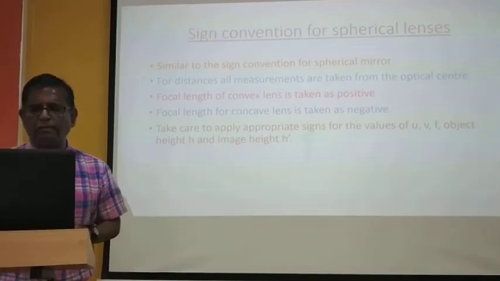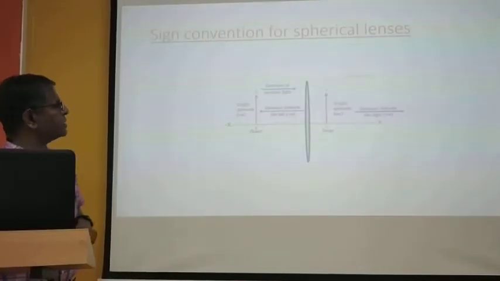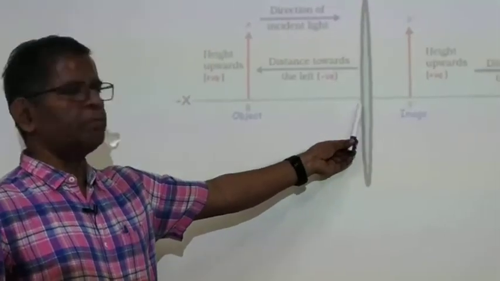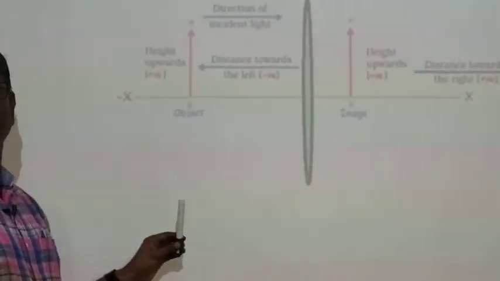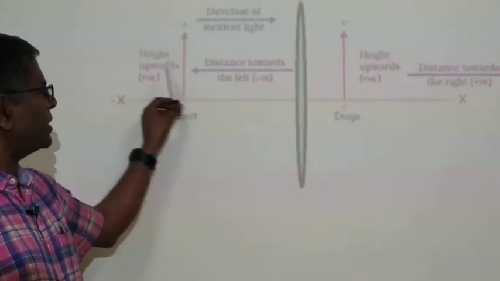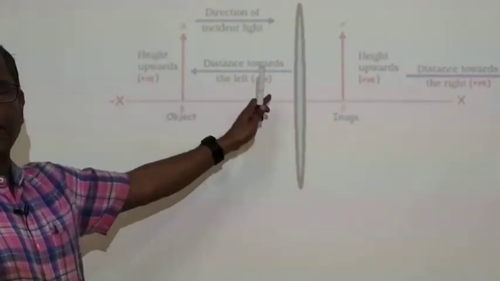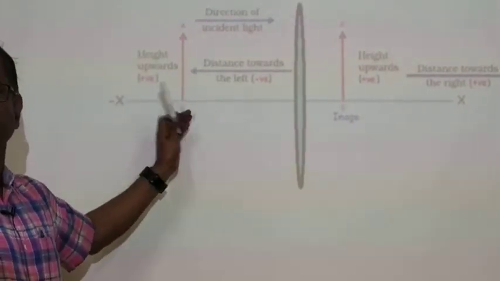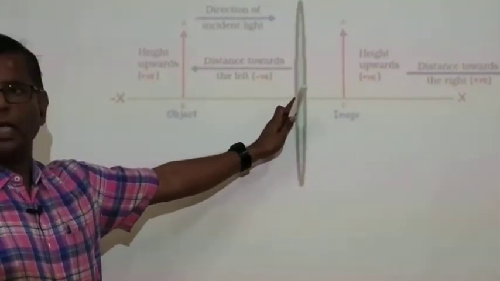I'll give you what the sign convention is. Take a lens, and as I told you, keep the object always to the left of the lens. If the object is to the left, that means left is the negative axis. So u is always negative because we keep the object to the left.